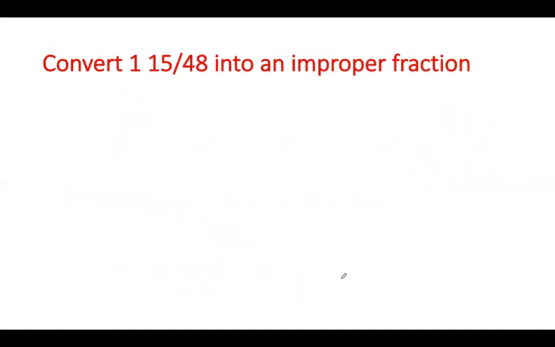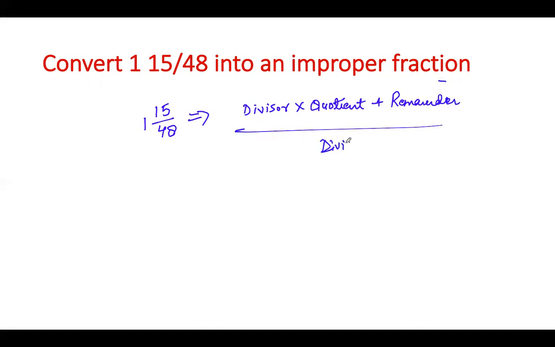Now the next question is to convert 1 15/48 into an improper fraction. We can write it as 1 15/48, right? So how do we convert it? Divisor times quotient plus remainder, over the divisor.